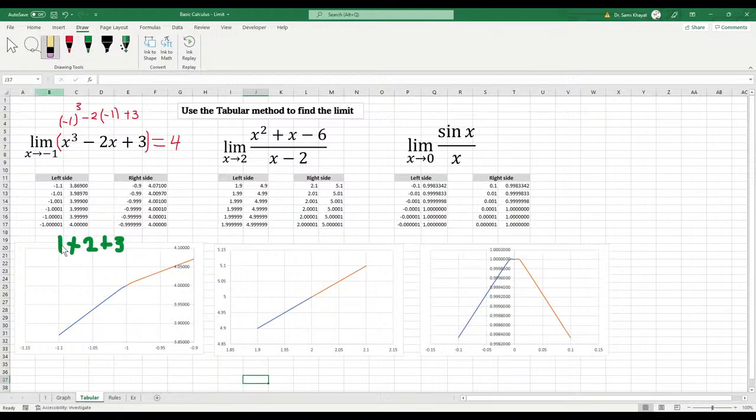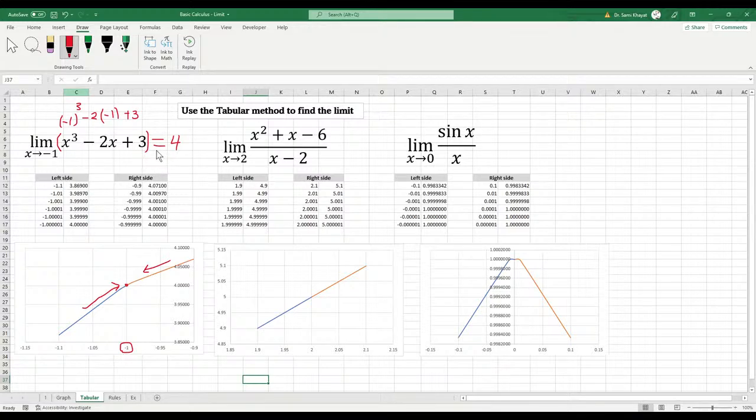Let's see if that's true. Now, I can draw that one. I'm using Excel to draw it. You can do it manually or use the application. You can see here, if you are approaching -1 from this side, you will reach this point, which is 4. If you are coming from this direction, you will reach 4. That's why we say the limit is equal to 4.